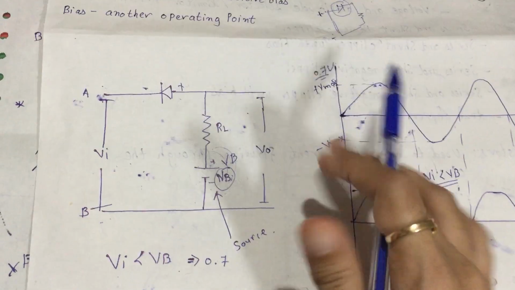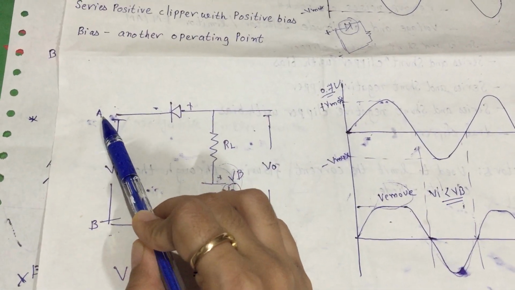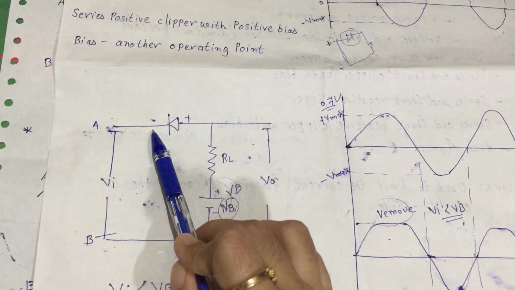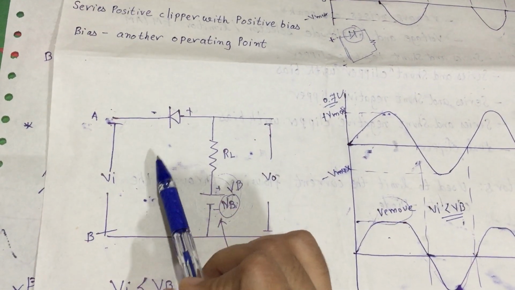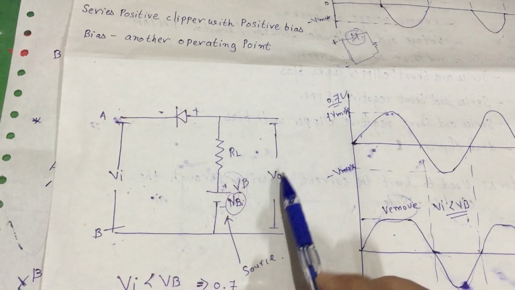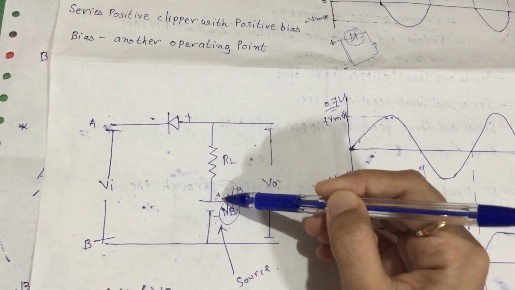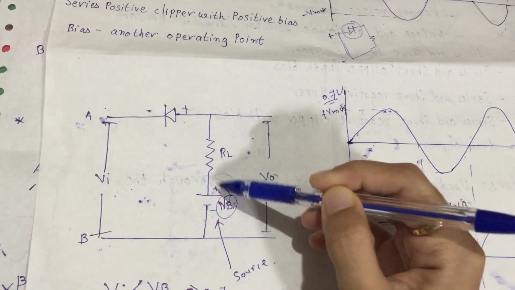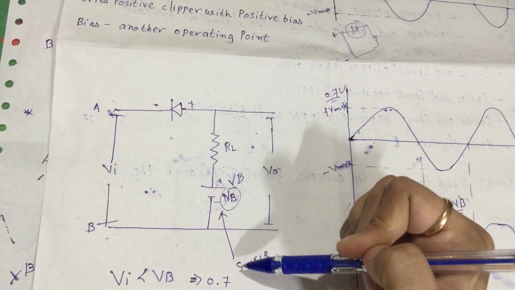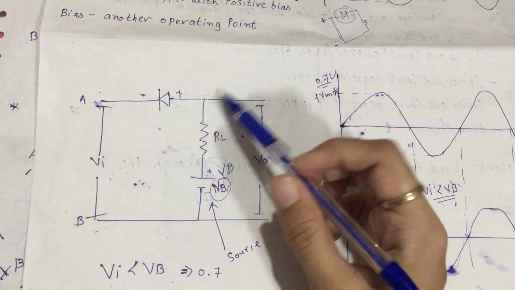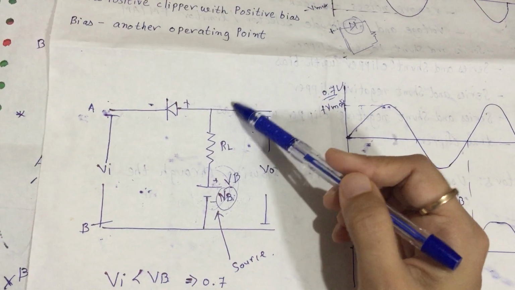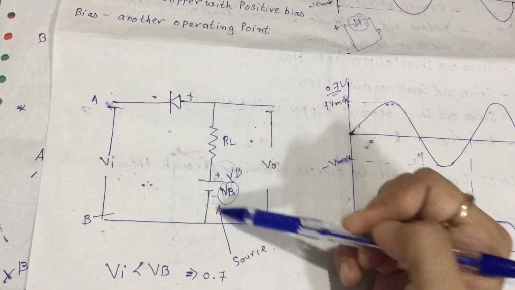When A is positive, the diode's cathode is connected with A, which is reverse bias, but the battery's plus terminal connects to the anode, so this becomes forward bias. As you know, in reverse bias the voltage is less, but in forward bias the voltage is more.